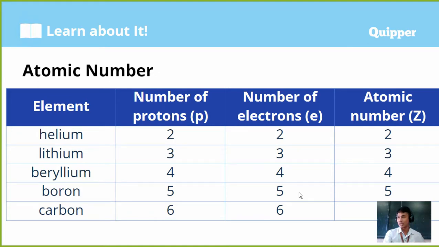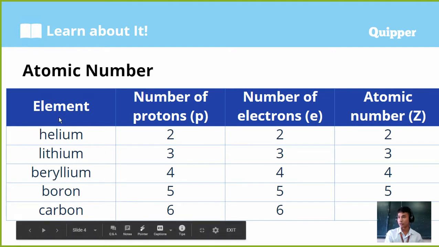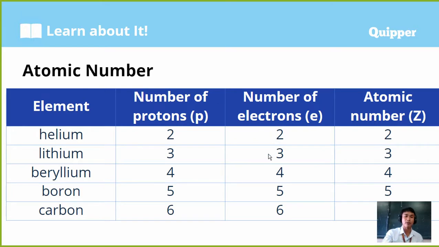If you look at this table of elements, helium, lithium, beryllium, boron, carbon, the atomic numbers are 2, 3, 4, 5, 6. So the electrons are 2, 3, 4, 5, 6. It must be the same in a neutral atom. Since the atomic number is the same as the number of protons, it must also be the same.